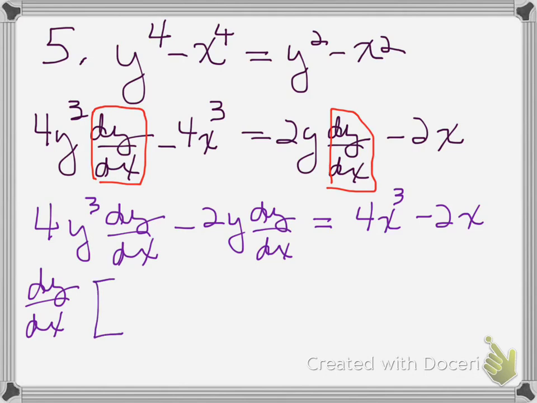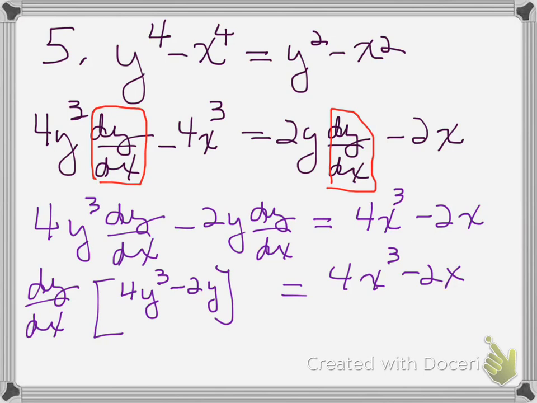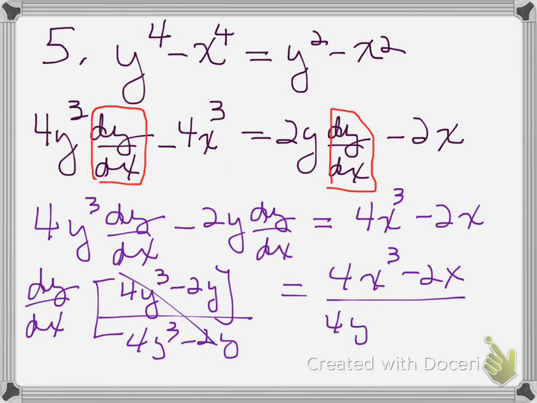If I was doing greatest common factor factoring, I would have taken out a 2 and a y, but I'm not doing that. So inside my brackets, I should have 4y cubed minus 2y. That still equals 4x cubed minus 2x. Now divide by 4y cubed minus 2y. That will eliminate that, and 4y cubed minus 2y is in the denominator.